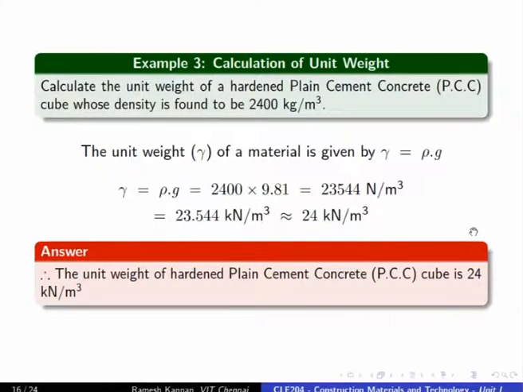If you calculate the slab unit weight or anything which considers concrete, this is the unit weight of plain cement concrete. There's a slight difference in terms of reinforced concrete, that is adding rebar to concrete, where the unit weight of rebar attached concrete or reinforced concrete is generally 25 kilonewton per meter cube. Remember that in mind.